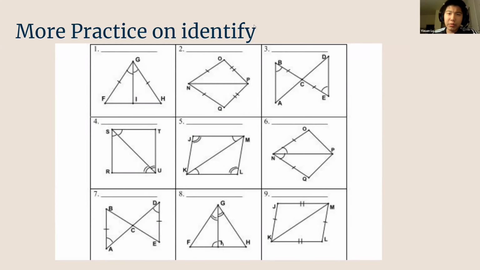Now here, when we look at number 1, we initially only see 2 pieces of information given to us. We see that side FG is congruent to side GH, and that side GI is congruent to itself by something that we call the reflexive property.